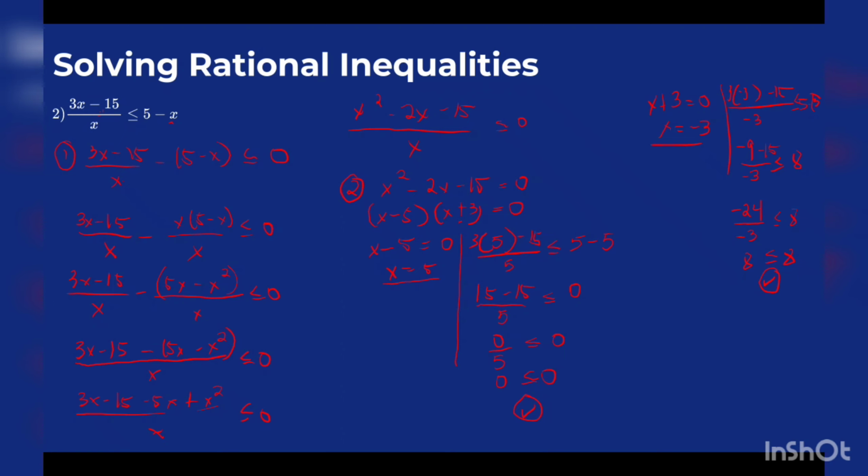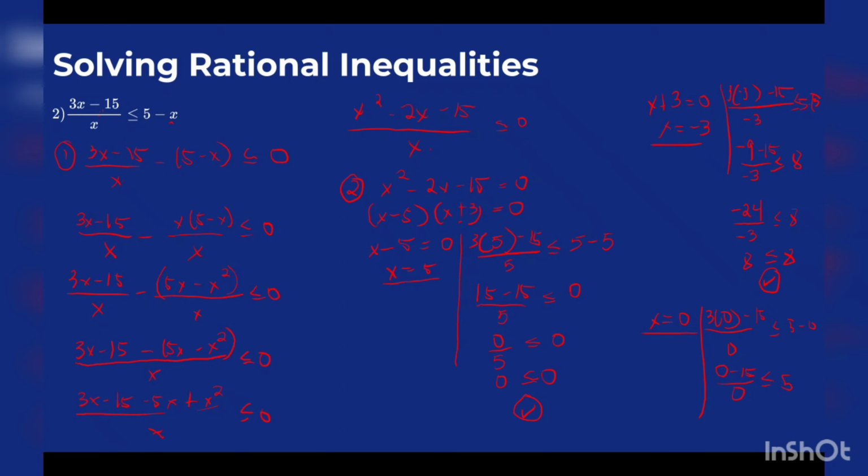And then for the denominator, we have x. So we'll just have x is equal to 0 as the third critical value. And we will test that also. So 3 times 0 minus 15 over 0 is less than or equal to 5 minus 0. 3 times 0 is 0 minus 15 divided by 0 is less than or equal to 5.